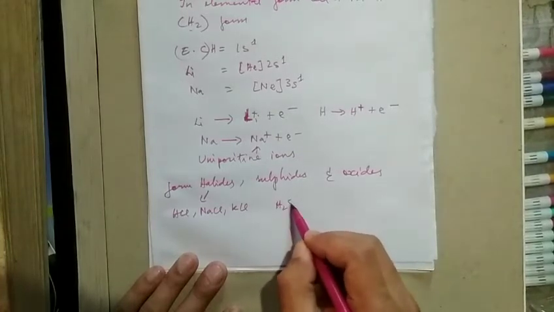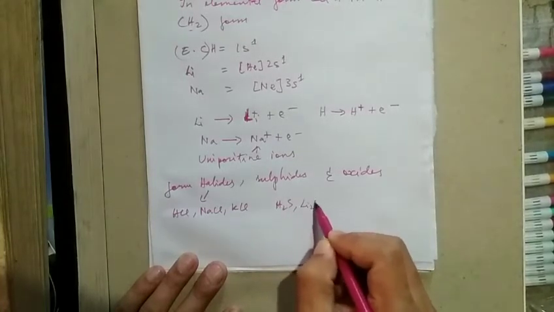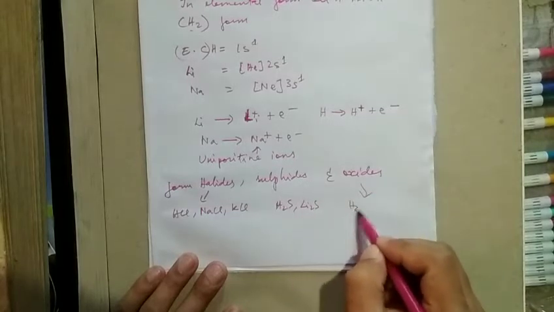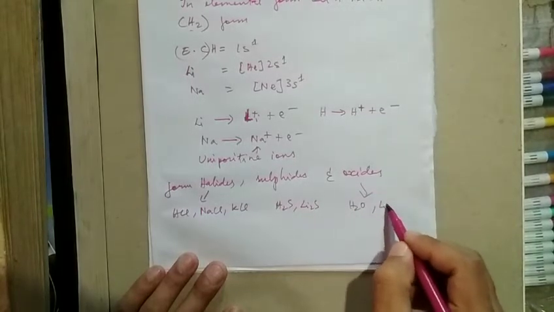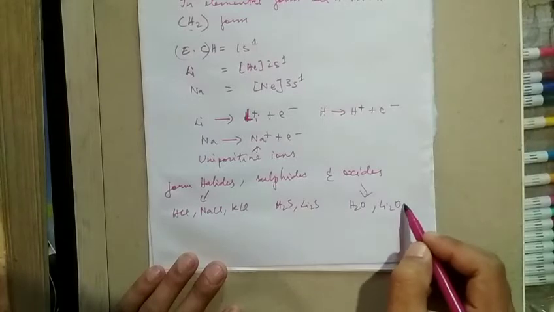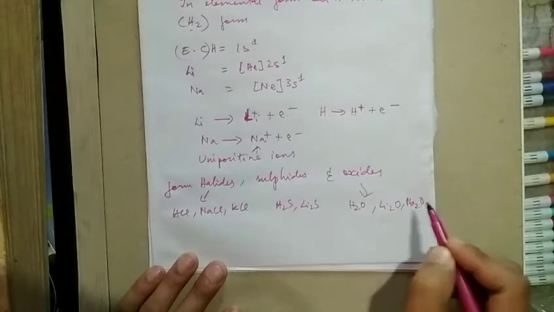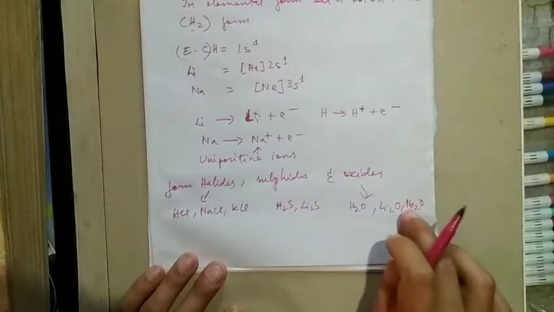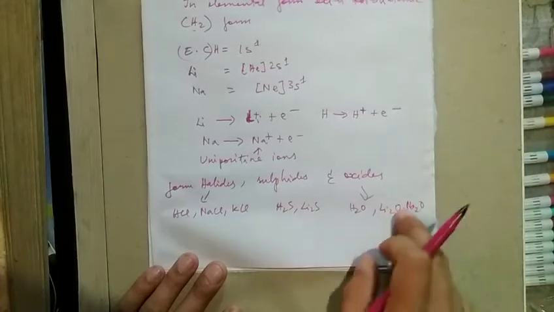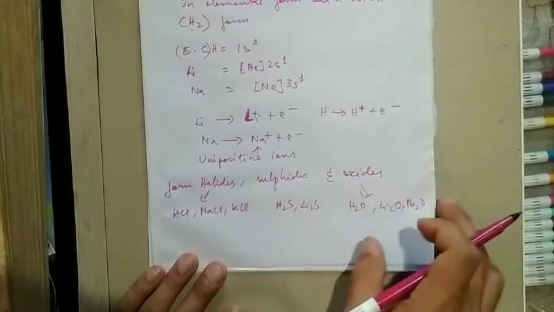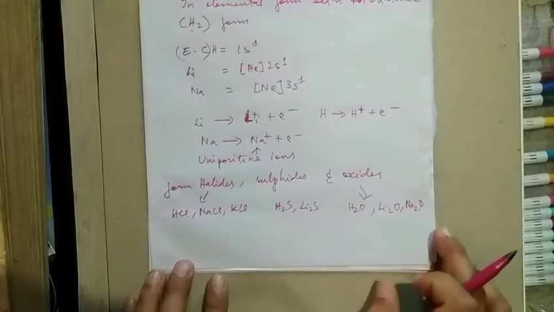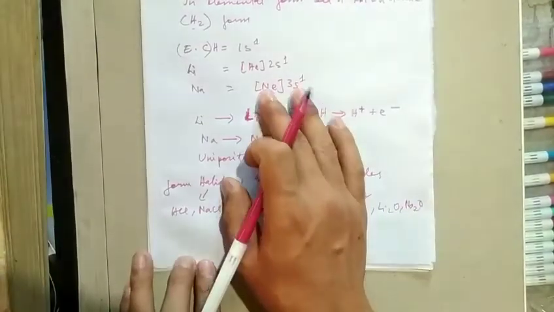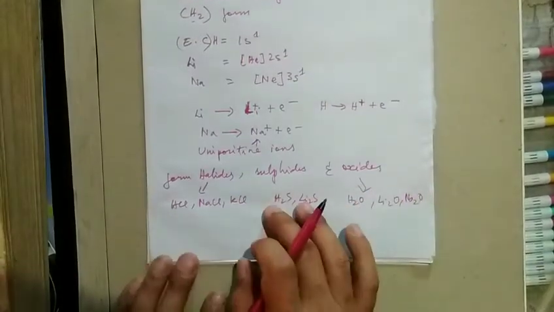Sulfides: H2S, Li2S. Oxides: H2O, water, Li2O, Na2O. These are formed by reaction with oxygen and then sulfur. So this is a similarity between hydrogen and alkali metals.